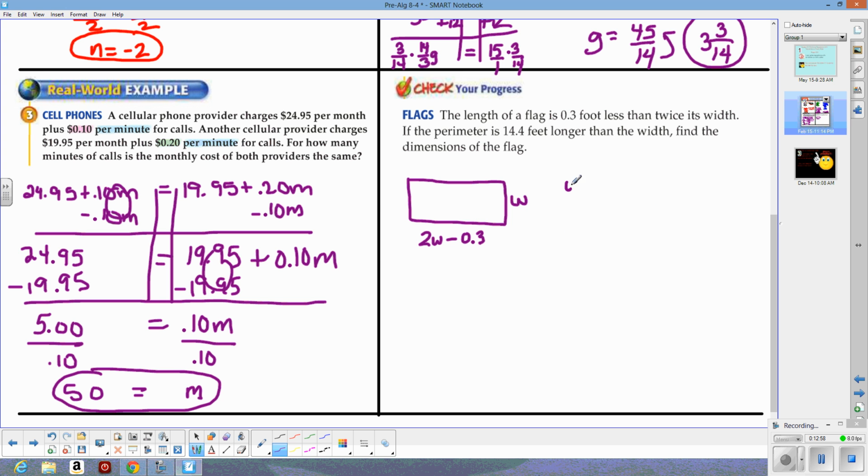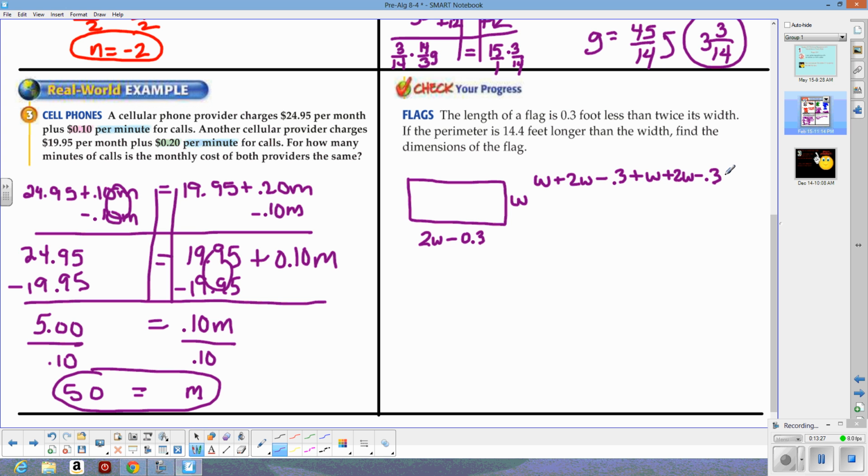The perimeter is going to be W plus 2W minus 0.3 plus another W plus another 2W minus 0.3. Move that over so there's more room.